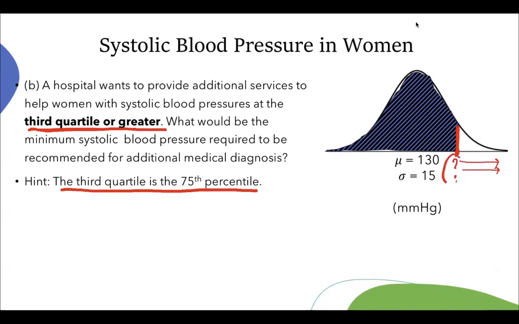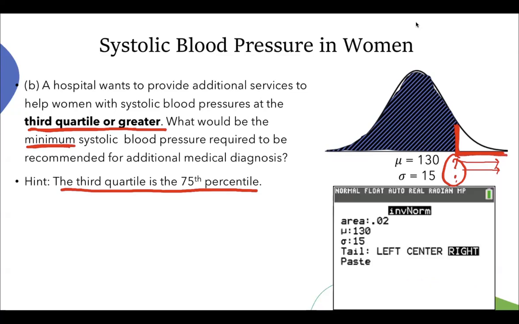So we are asked to find what that number is. That is the minimum blood pressure for people in this range. Let's consider this people that really need additional help. And the vertical line is the minimum, the cutoff. Okay, so that's why we use the phrase here, minimum. And everybody in this range is going to be recommended for additional medical diagnosis.